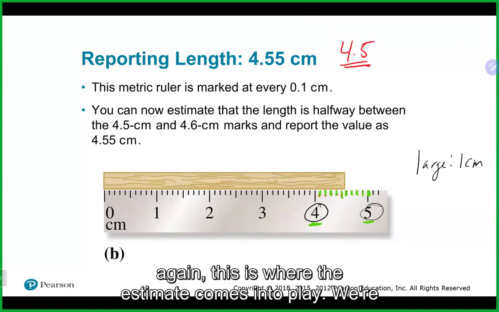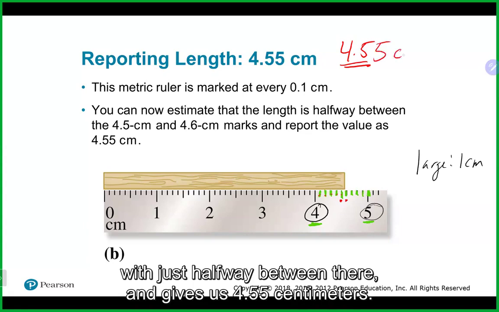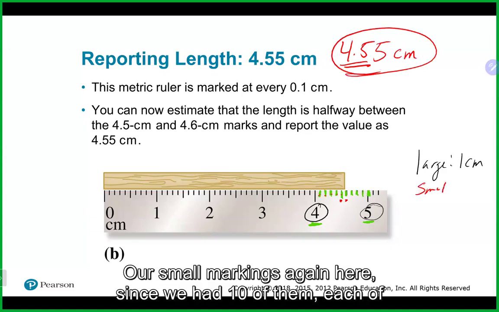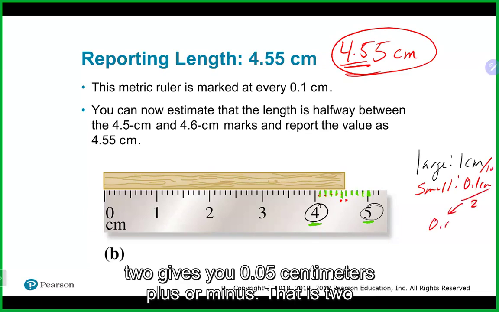Once again, this is where the estimate comes into play. We're between basically the 4.5 mark and the 4.6 mark. So they went with just halfway between, which gives us 4.55 centimeters. Our small markings, since we had 10 of them, are each 0.1 centimeters. Divide that by 2, and that gives you 0.05 centimeters plus or minus.